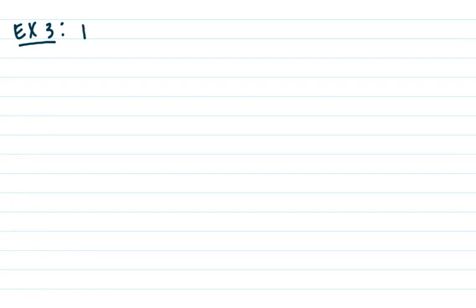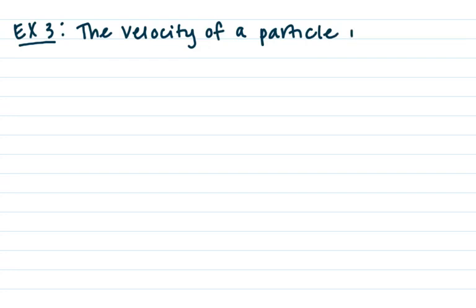Okay, so the velocity of a particle is, and then they give us this equation, v of t equals t cubed minus 10t squared plus 24t feet per second.